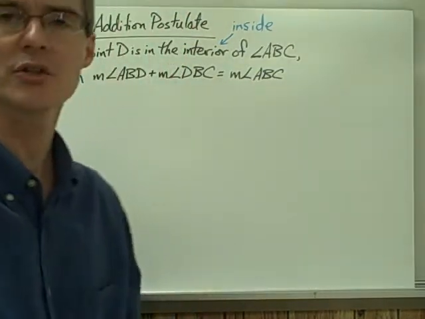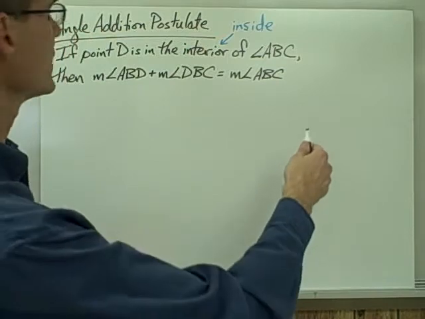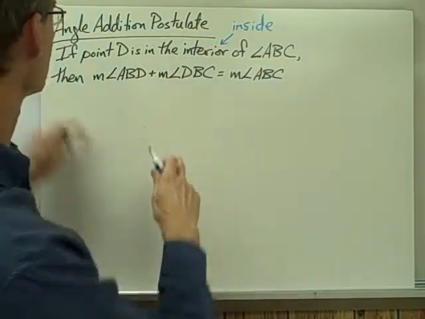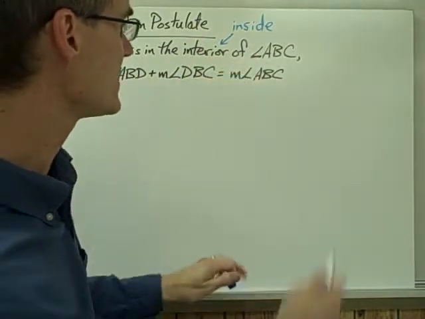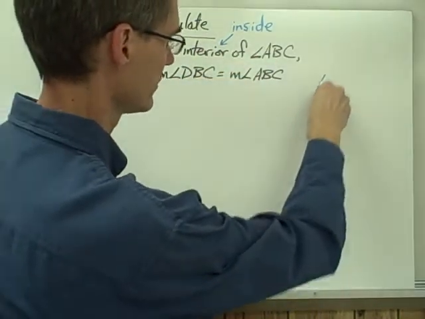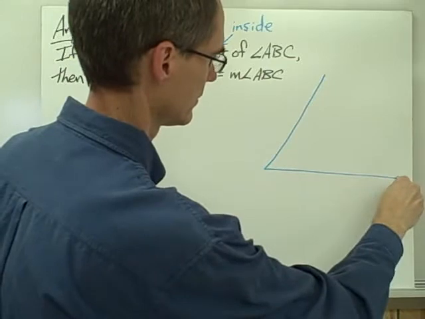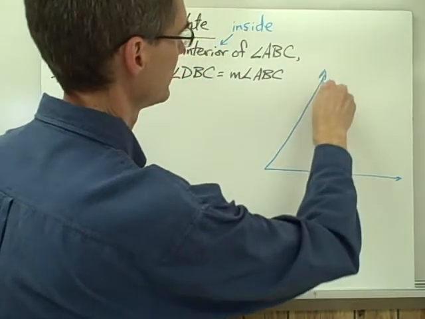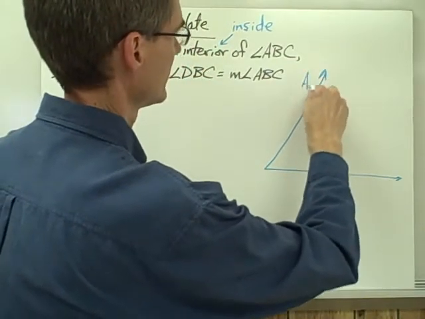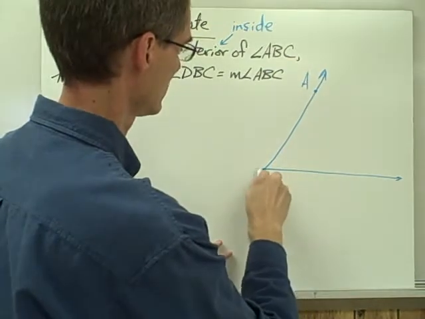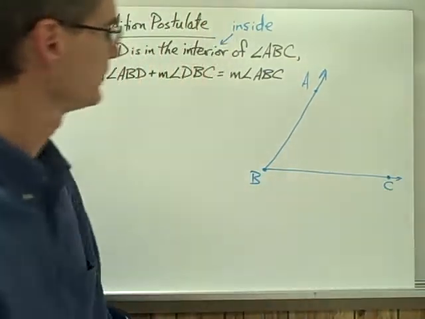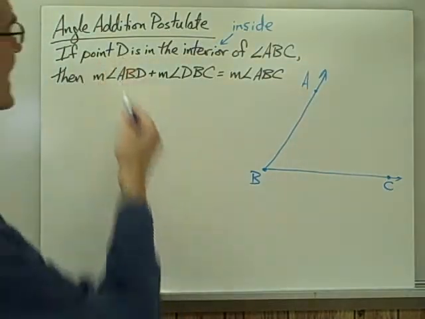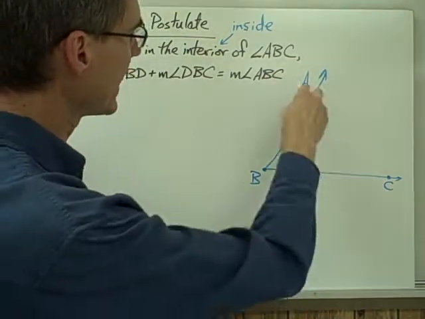All right, let's draw a picture and see if we can illustrate a little better what this postulate says. Point D is in the interior of angle ABC. Well, let's draw an angle over here. Angle ABC. A, B, C. And we have a point D that's in the interior of angle ABC.